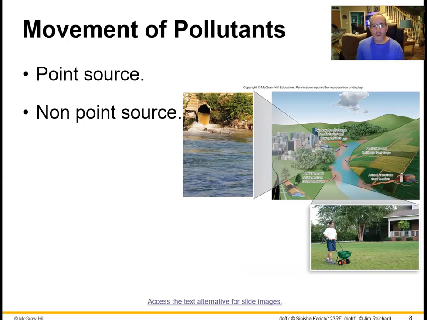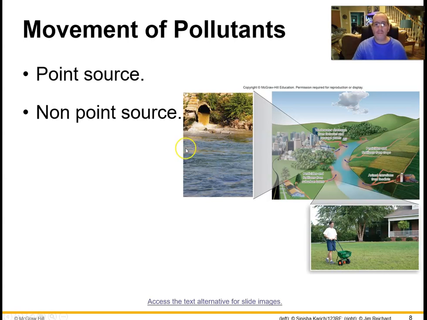So there's two sources of pollution in general, how we categorize these. There's point and non-point source, and this is something I work extensively with, especially on the non-point source side of things. So a point source, the way I always think about this is you think about a river. This picture right here is the best example of what a point source is.